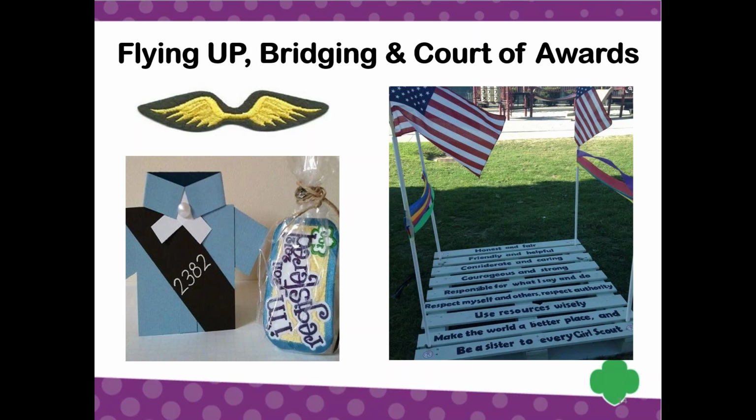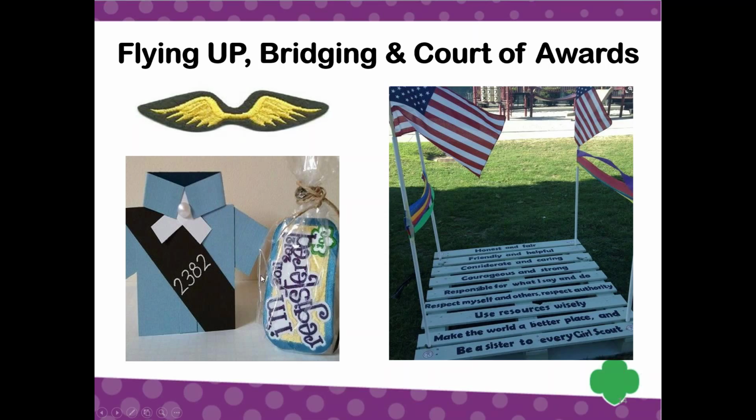And on the slide, I just have this cute little Brownie shirt. That was just like an invitation, or maybe it's built around a milk carton, and all of the awards that the girls have earned that year could go inside of that, or else they're right in this little bag.